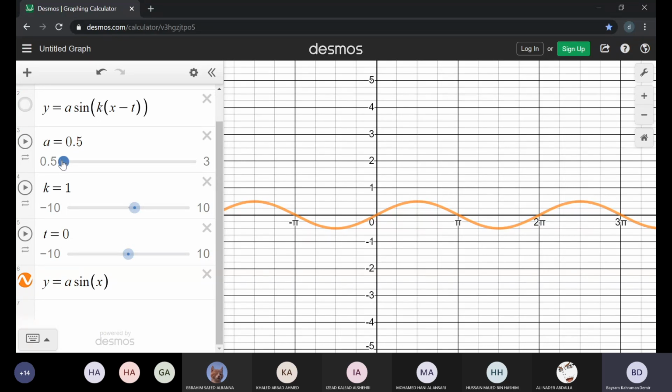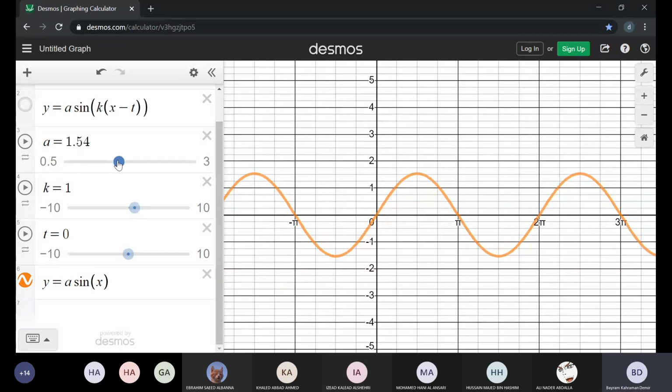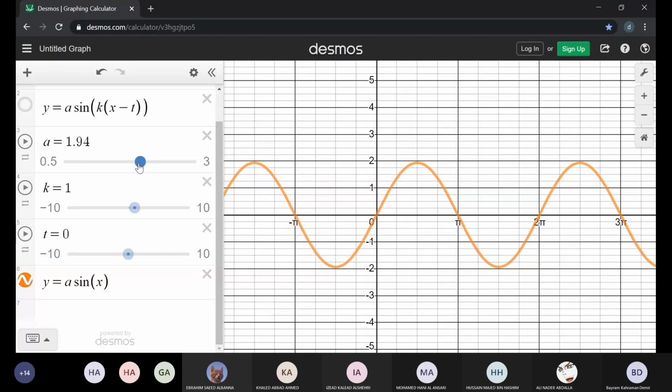Well, let me increase the value of a, Shabab. You see what's happening, right? Now this is a equals 2. Did you notice that the x-intercept points are not changing, right?